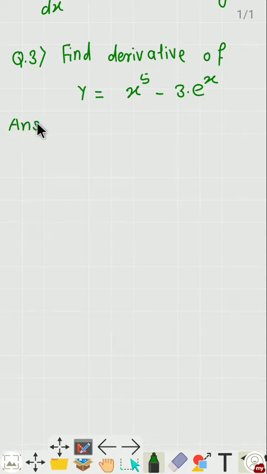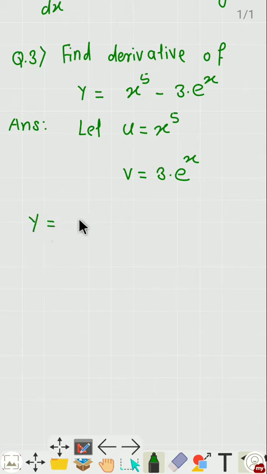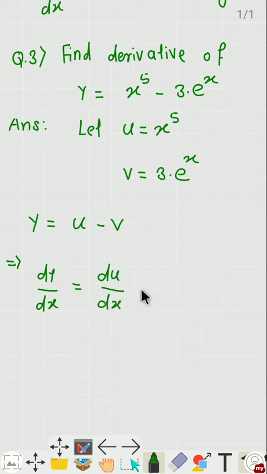We write the answer. Let u is equal to x raised to the power 5, and v is equal to 3 times e raised to the power x. Now my function y becomes u minus v, and we write the derivative of the function y like this: derivative of u with respect to x minus derivative of v with respect to x.